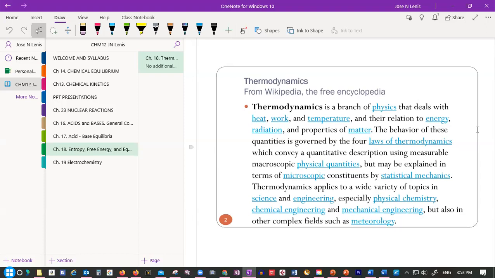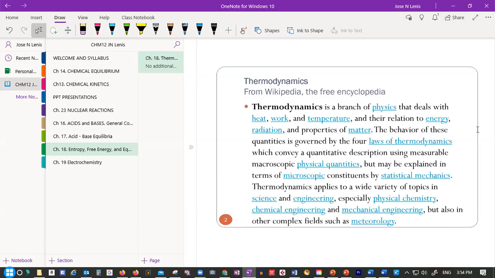Thermodynamics is a branch of physics that has to deal with heat, work, temperature, and the relationships with energy, radiation, and properties of matter. We're going to apply these concepts to better understand the behavior of chemical processes, because at the end, we have to study the relationship between matter and energy.